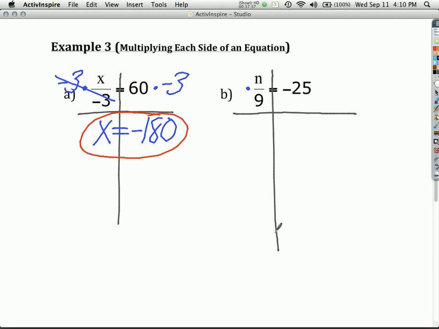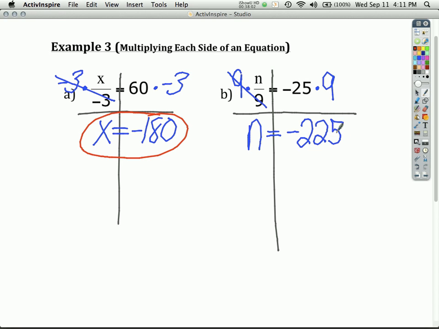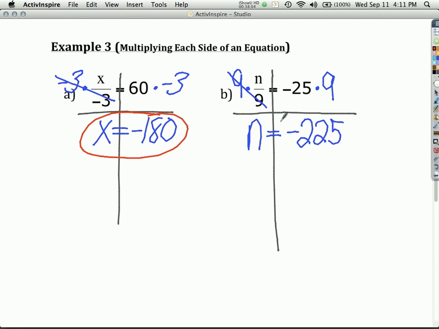Let's just say multiply both sides by, good, multiply both sides by 9. And then this will cancel. And Alexandra, what do we get with negative 25 times 9? Negative 225. So now we do a mental check. Does that work? Yes, it does. That is correct.